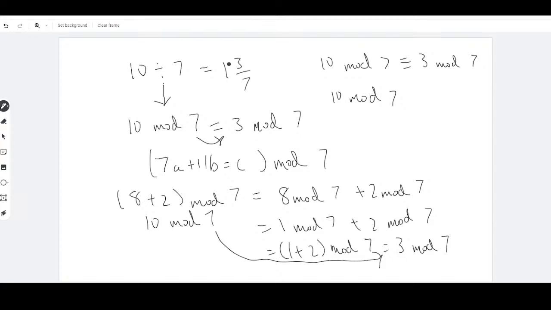Can you help me out, Bill? I'm having trouble. For now, you can just think of the mod function as a remainder function. So just thinking about 10 mod 7 as equal to 3 mod 7, if that's okay.